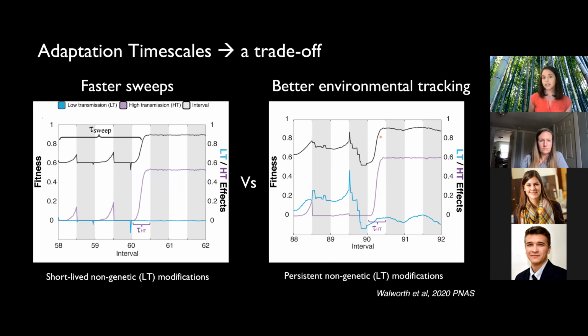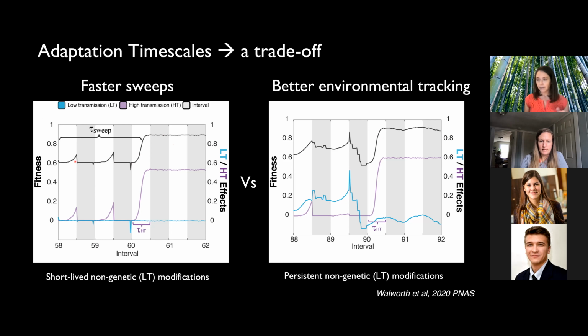So what emerged in this model when we allowed for 2 types of adaptation, both these non-genetic modifications and genetic modifications, is we saw a trade-off. So the populations that had very short-lived or essentially no epigenetic or these non-genetic modifications, we saw the behavior I just described. So eventually the population was able to find an advantageous mutation and increase the fitness.